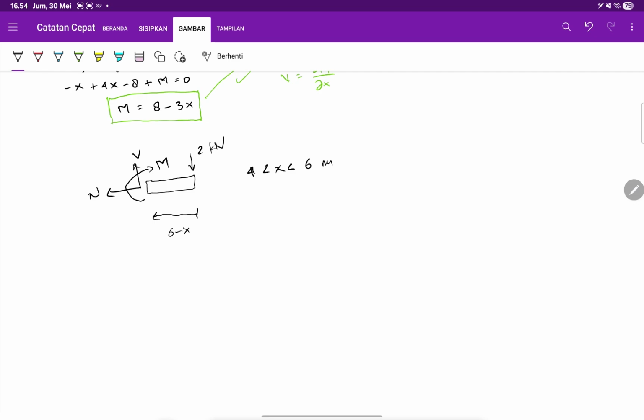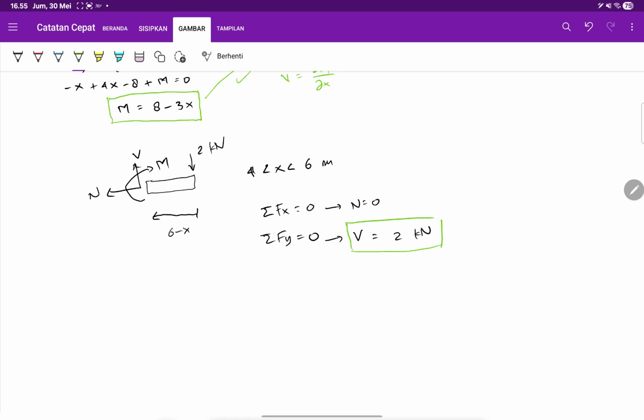Again, I can do sigma fx equals 0, and then n will always be 0. And then sigma fy equals 0, means my v will become 2 kilonewtons.